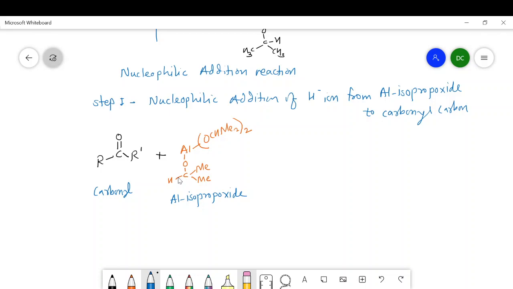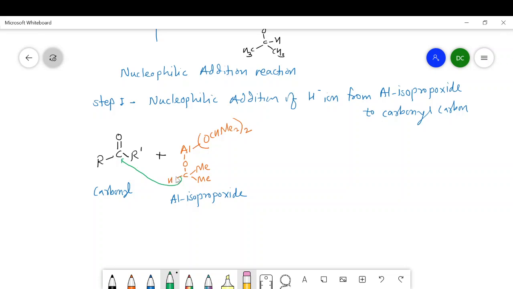This hydrogen, which is attached to the carbon, is transferred from this carbon to this carbon, and during this transfer, the hydrogen is transferred with two electrons. That's why the electrons are present on this hydrogen, and it is negatively charged and called a hydride ion.